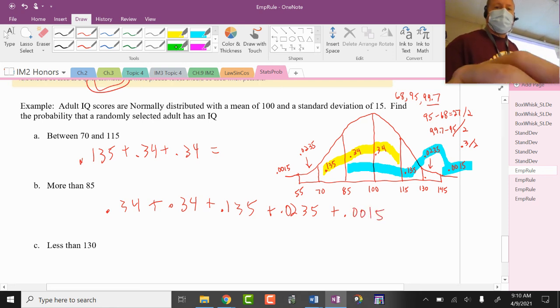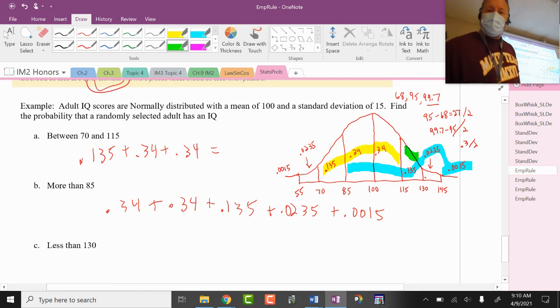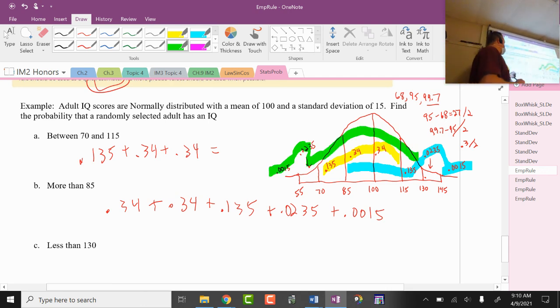Then this last one is kind of annoying. Less than 130. That is all of these. I actually have a better way of doing this. Better way and faster way of doing this is doing the opposite of this.